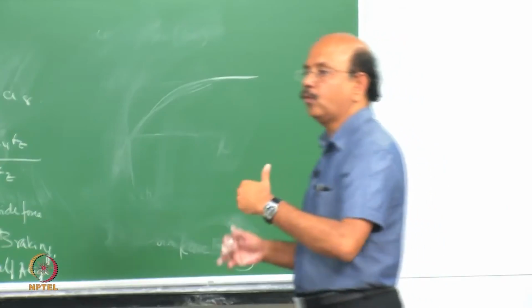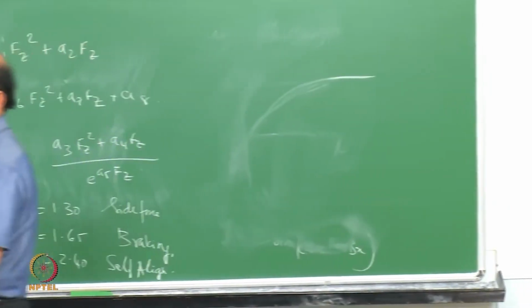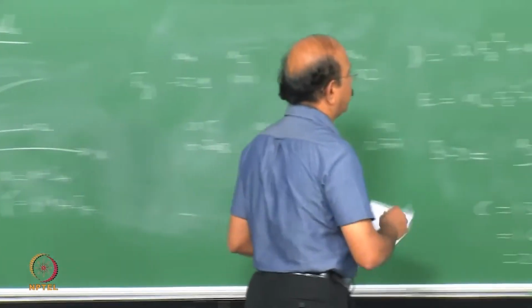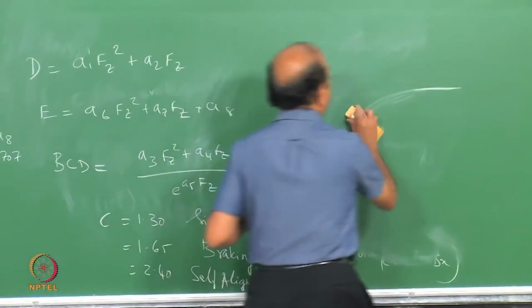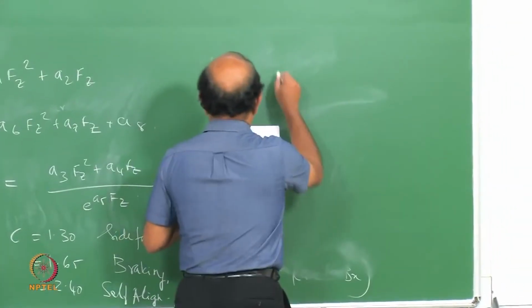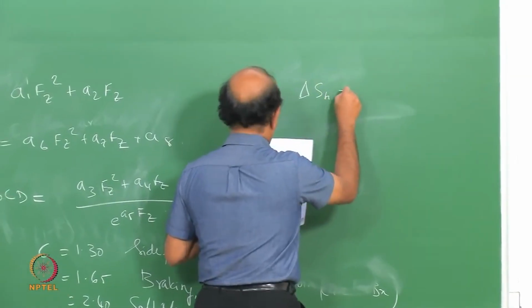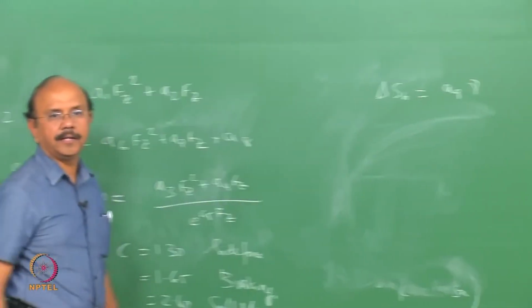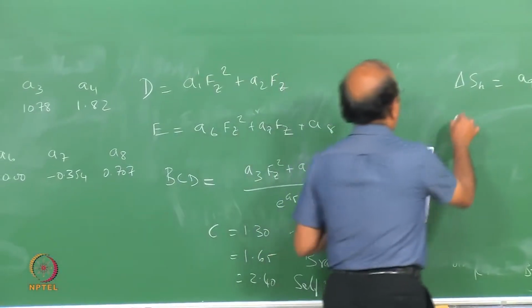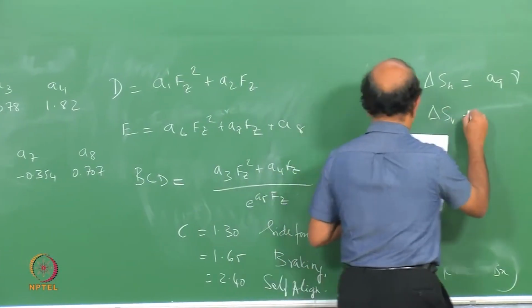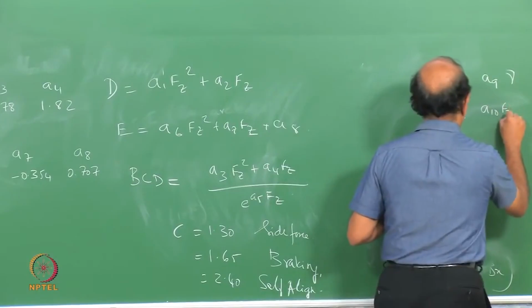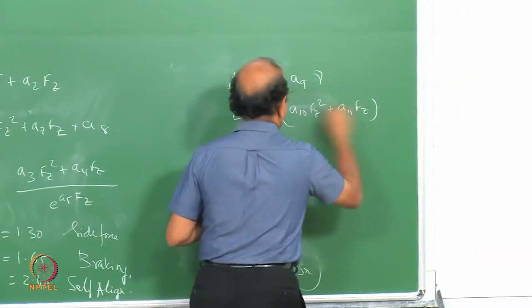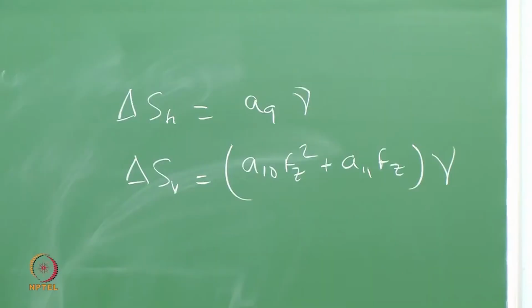So that would again be a shift factor. And the horizontal shift factor due to camber is given by A9 gamma, where gamma is the camber angle.